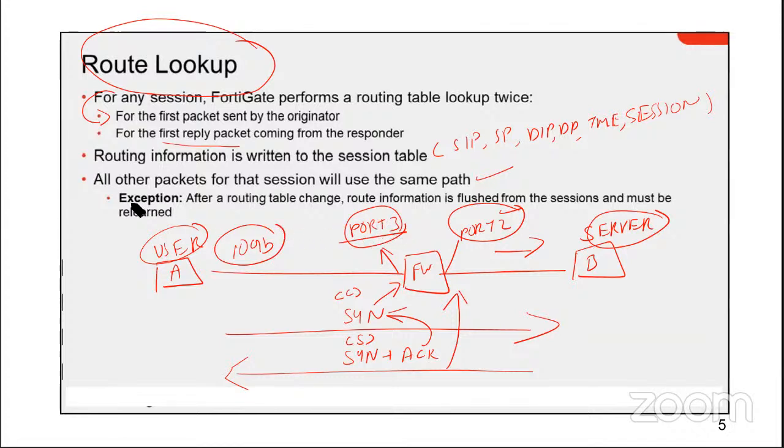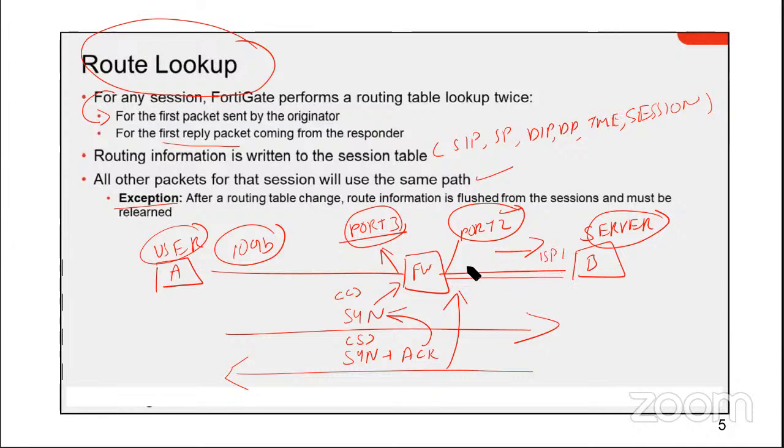Now let's have a look into the exception. After a routing table change happens, the route information is flushed from the session and must be relearned. For example, let's say you have two ISP connections, and because of certain reasons, your ISP1 had some issues.